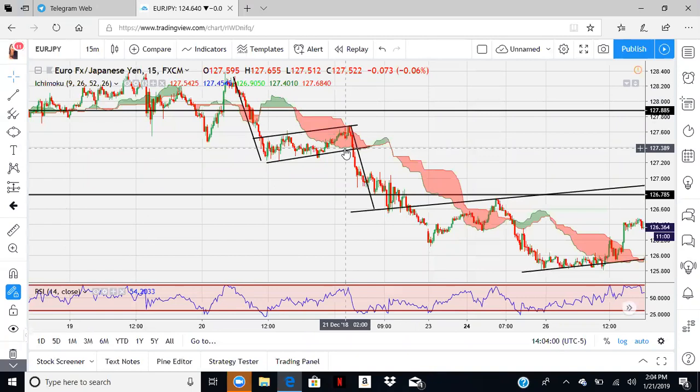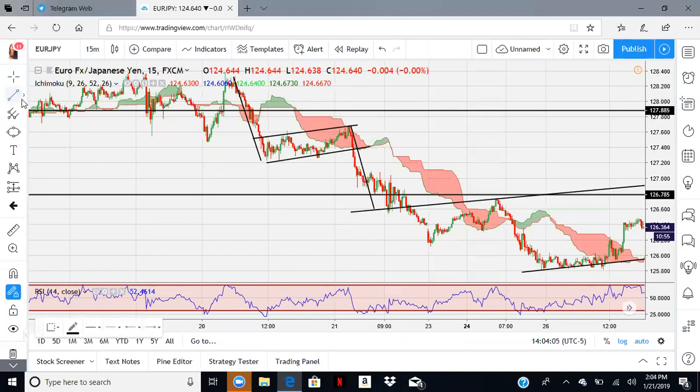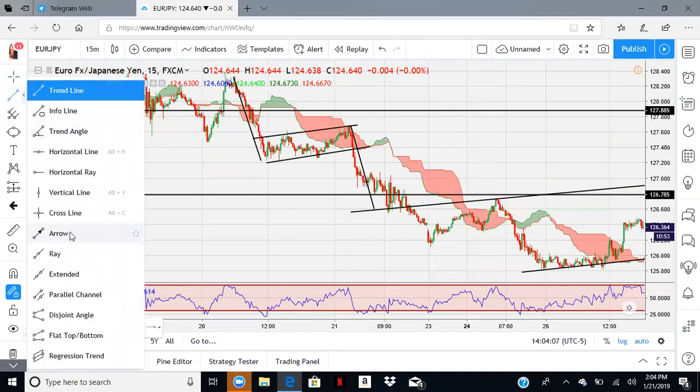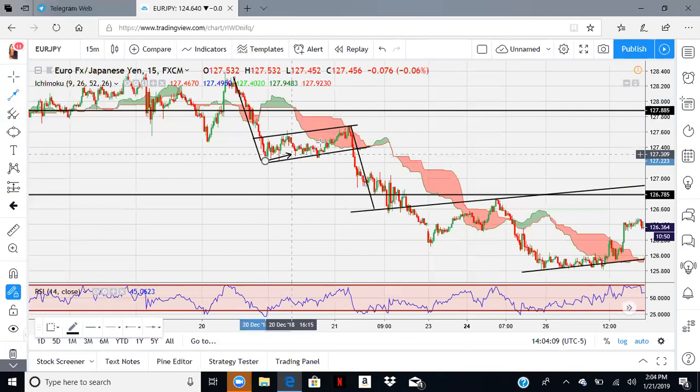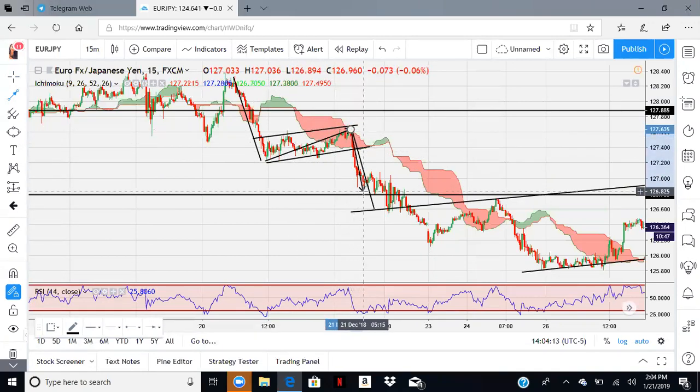You're just waiting for that next breakout. And like I had mentioned earlier about the angle that the consolidation is going, this is in an upwards angle, right? So it's going to break out to the downside. It always points in the opposite direction that it's going to break out. I hope that makes sense.